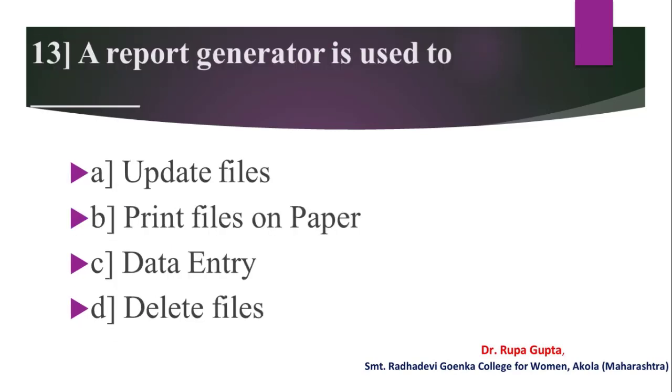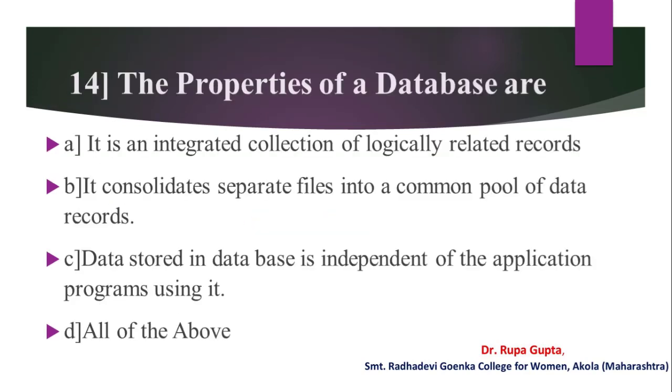Question number 13. A report generator is used to A. Update file, B. Print files on paper, C. Data entry, D. Delete files. And the correct answer is B. Print files on paper. Question number 14.